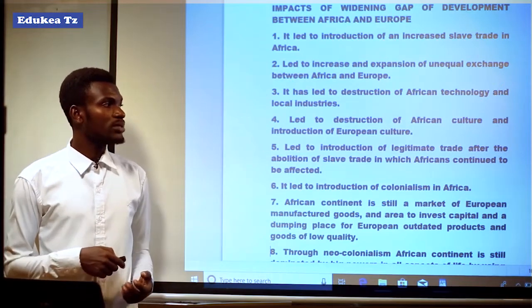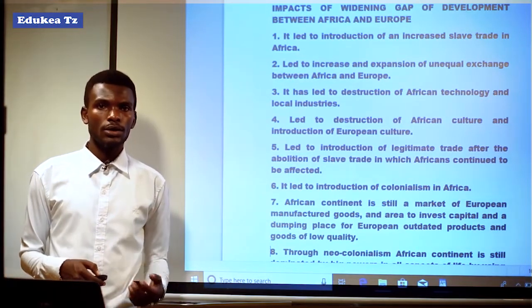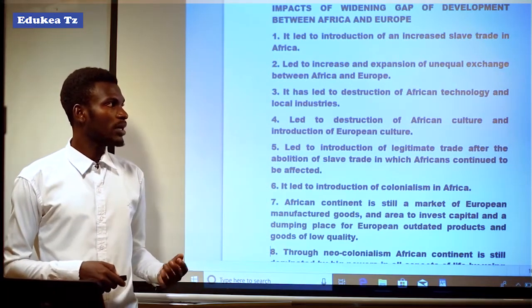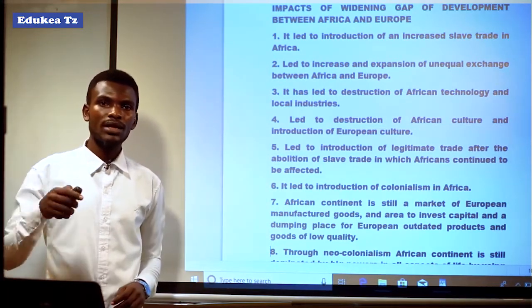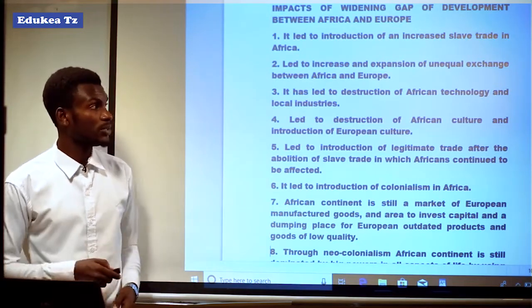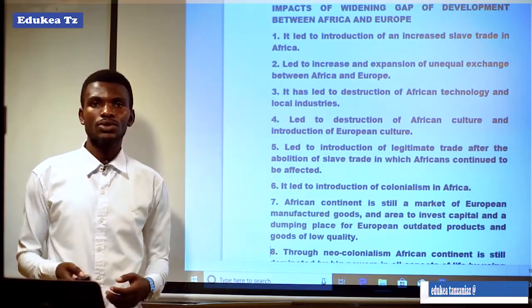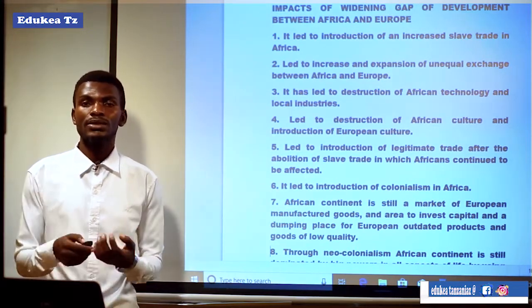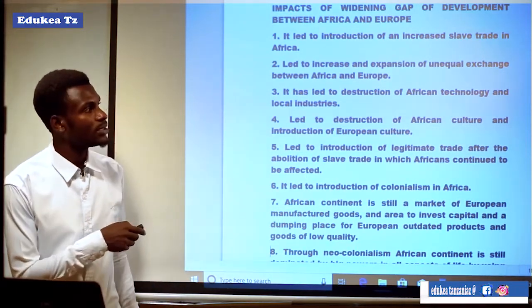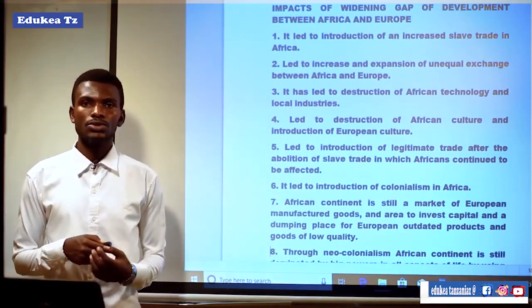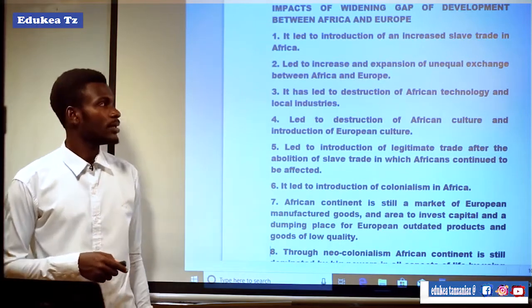These are countries which are the main producers of oil, and the donor countries or European countries are the main exploiters of those natural resources in African countries. So you can see that the development of African countries is difficult because of that European unequal exchange system that was introduced by that time.